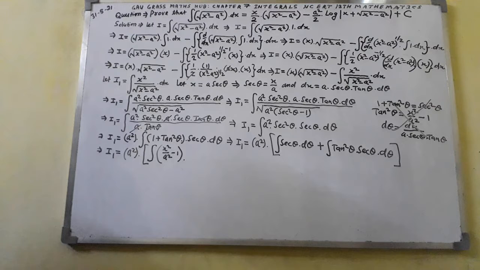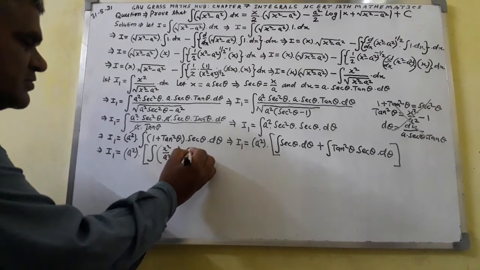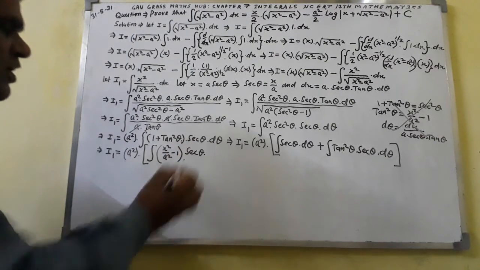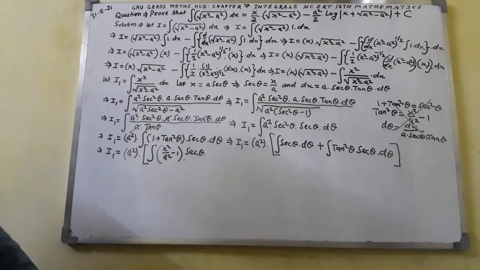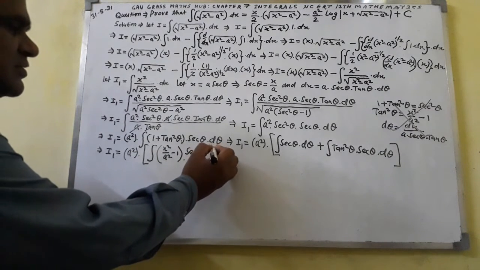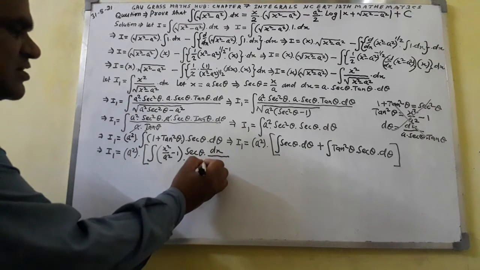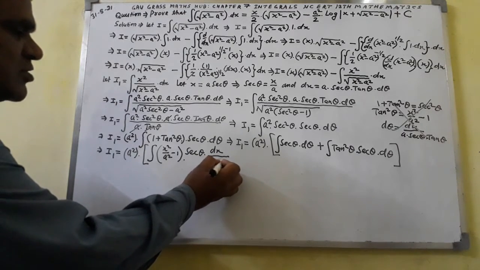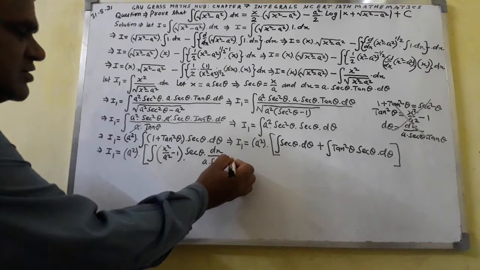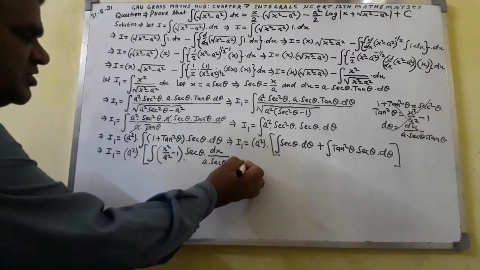And sec theta will remain the same, so write here sec theta. And in place of d theta, I shall write dx over a dot sec theta dot tan theta.